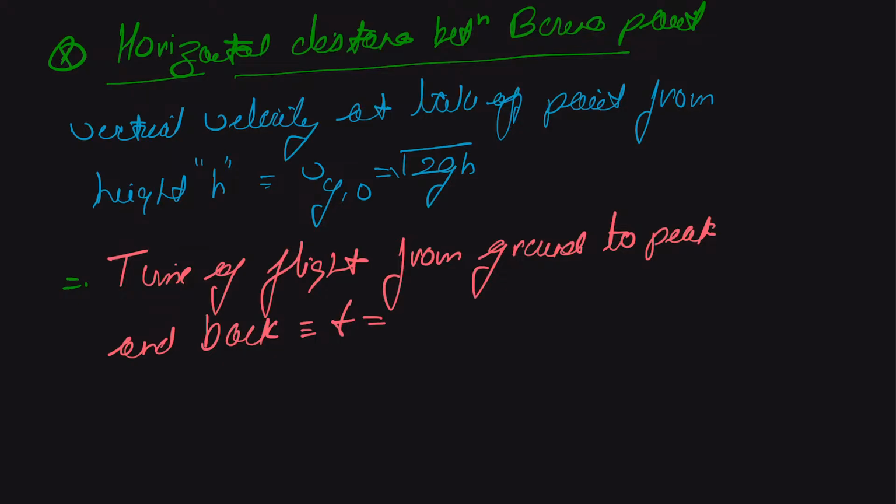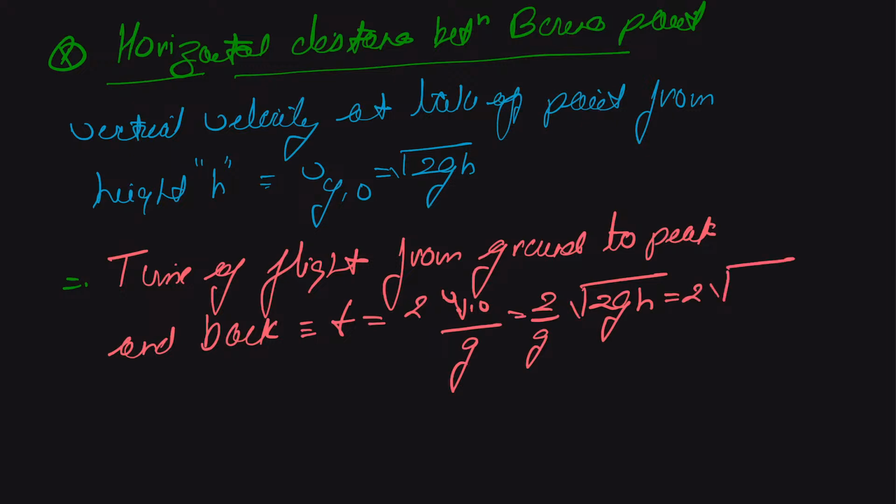So obviously that will be twice the vertical velocity divided by g. So this comes as twice Vy naught divided by g. We substitute our Vy naught, so this comes as 2 by g square root of 2gh. And we can simplify it a little bit. We can write this as 2 square root of 2h upon g.